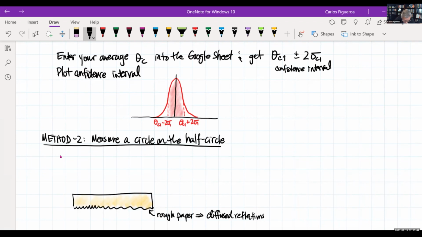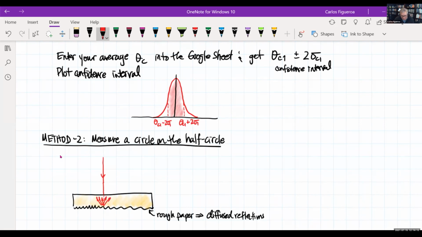And so what you're going to do here is take your laser light and shine it straight down onto this paper, onto your half sheet. Because there's a slight spread in the beam as it comes down, you get this diffuse scattering that goes all over the place.